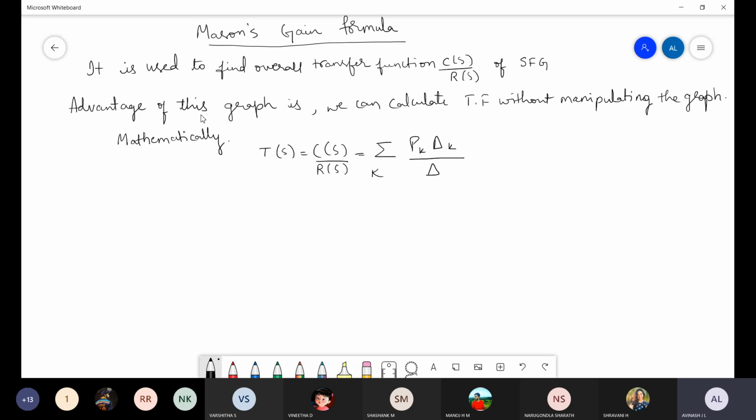So what is that particular formula? T of S is equal to C of S divided by R of S, that is equal to summation k Pk delta k divided by delta. So what is this Pk?